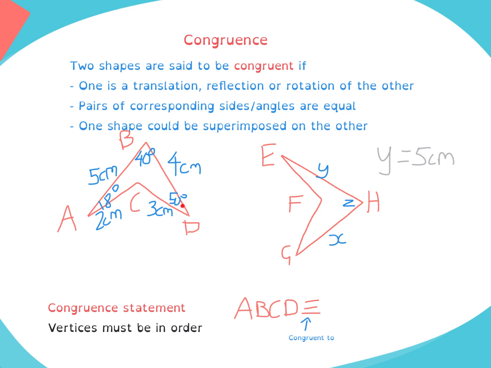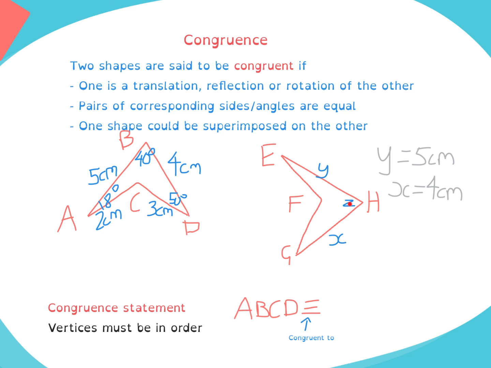Similarly, this is like the second longest side in the shape. So X and 4 centimeters correspond to each other, so they must be equal. Corresponding sides in congruent figures are always equal. So the shortest side, 2 centimeters from A to C, so E to F will be 2 centimeters, and so on. What about Z?